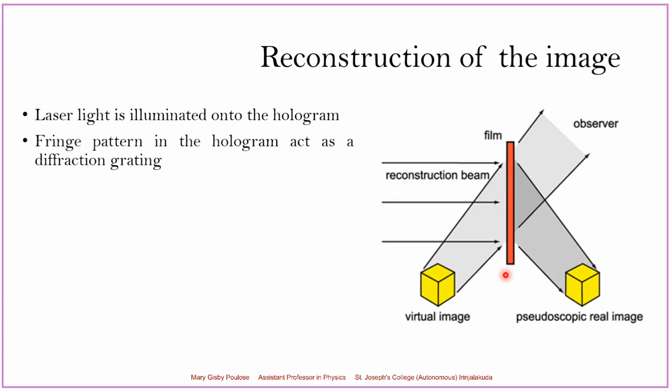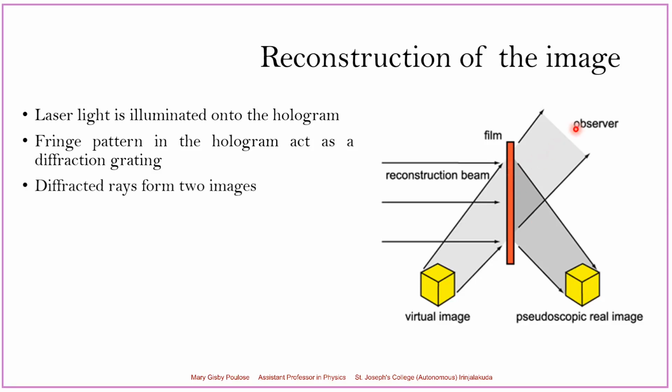The fringe pattern in the hologram acts as a diffraction grating. So a diffraction grating diffracts light. We will look into it in the following chapters, and it produces diffracted beams. So it produces two beams on either side of the hologram. This is one of the beams and this is the other beam.